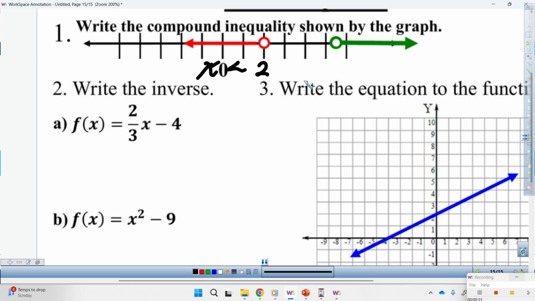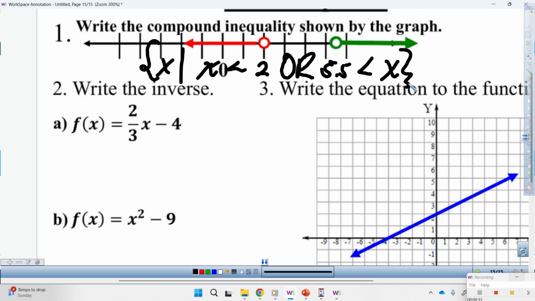Less than. And then what do we write in between here? Or, that is correct. And then 5.5 X, and then less than. Solution set of X. Hands if you got that. That is correct.